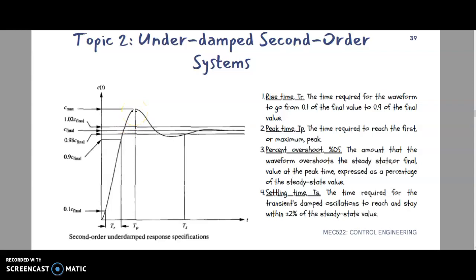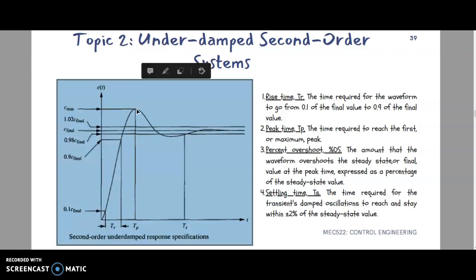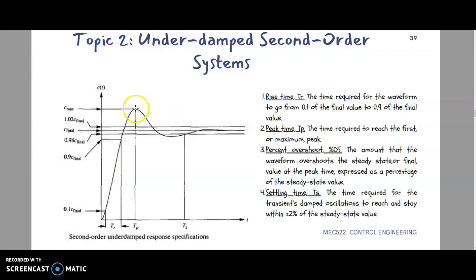And then percent overshoot is here, from the maximum to the final value. Basically we express percent overshoot as a percentage, so the equation must be multiplied by 100. The last one is the settling time.